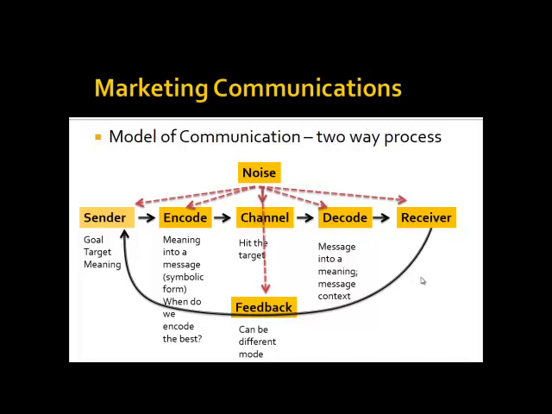Being able to encode in a way that your audience is going to decode it in the way you want them to is usually accomplished most easily or best when both parties, the sender and the target, have a lot of common experience.